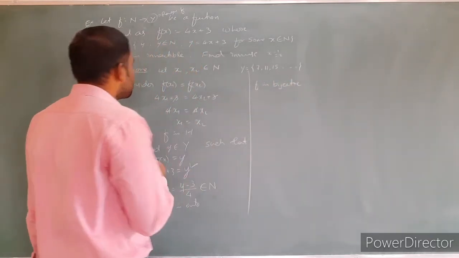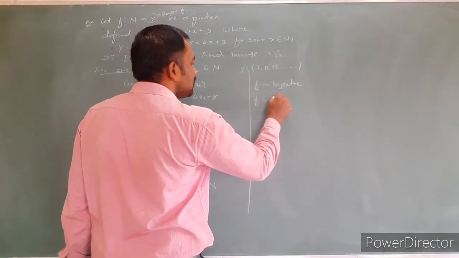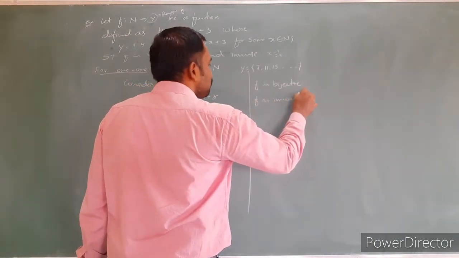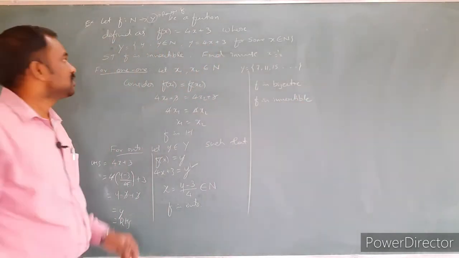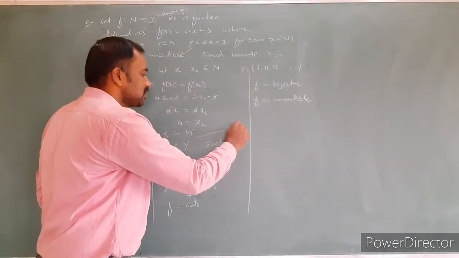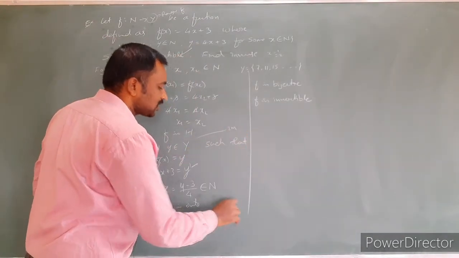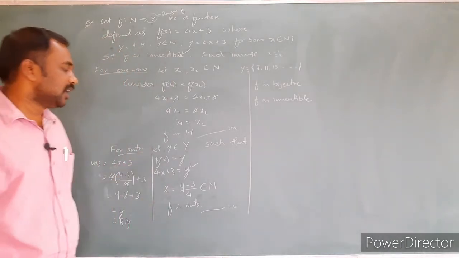Bijective means obviously it has an inverse. f is invertible means f has an inverse. Then the first condition is over. Proving one-one carries 2 marks and proving onto carries 2 marks. Total 4 marks we just got. Remaining 1 mark out of the 5.